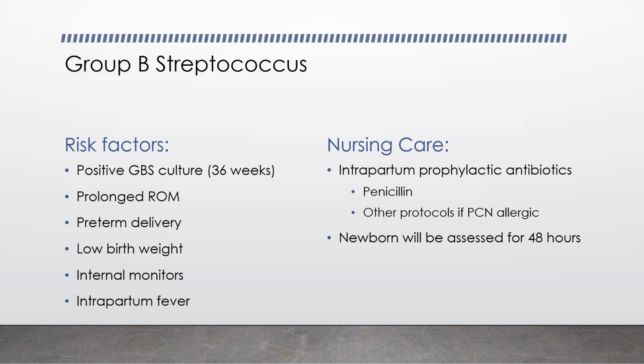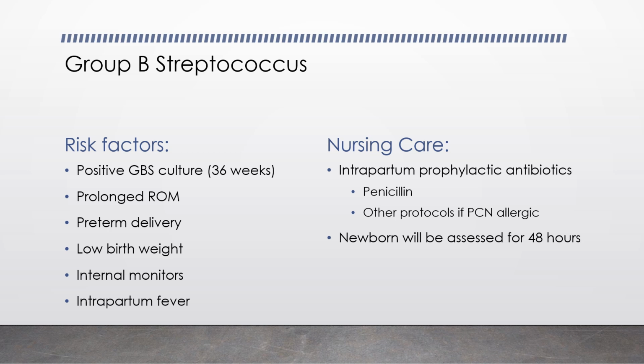Now strep is a normal skin flora, and most people have some Group B strep on their skin. However, some women colonize it, and they're the ones that we want to identify so we can treat during labor to prevent that transmission of that Group B strep bacteria to the newborn and cause sepsis and worse.